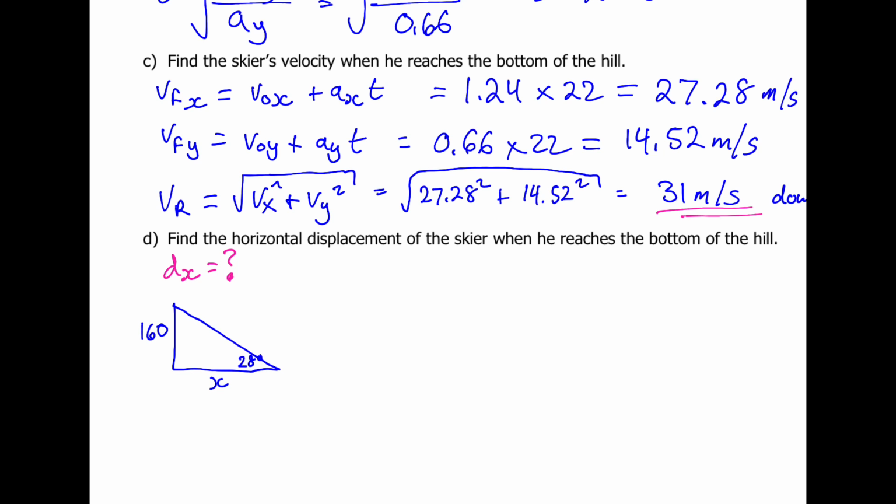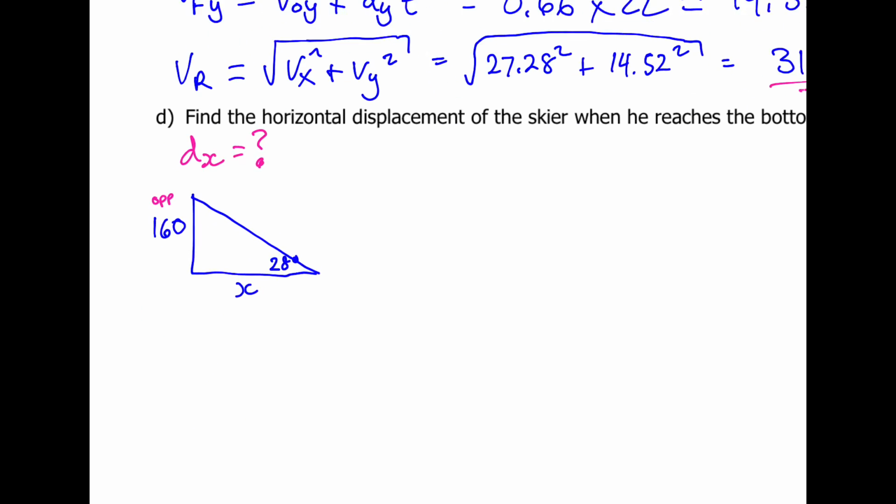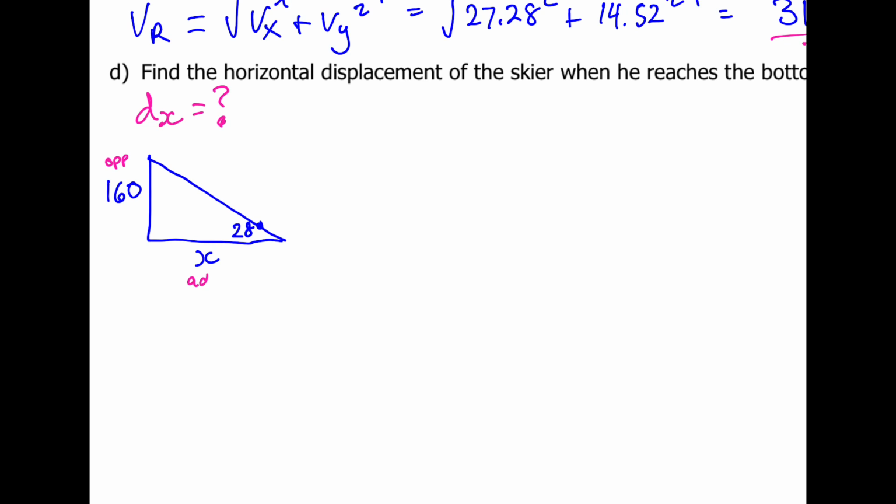So I'm going to use this one. So this is, to put all my labels on here, whoopsies, opposite, adjacent, and so tan of 28 degrees is 160 over x.